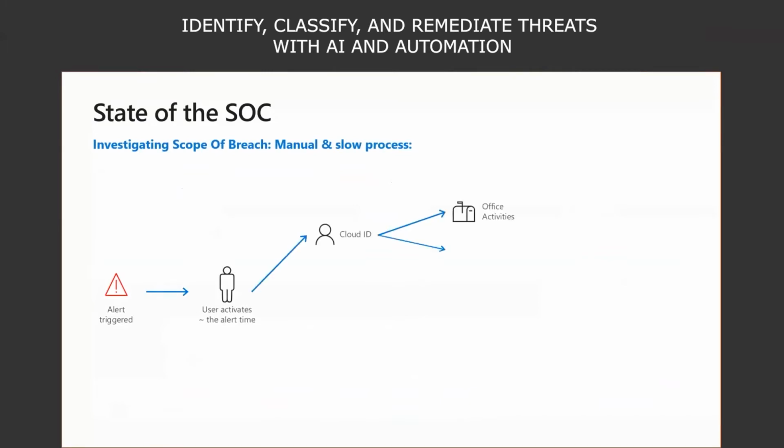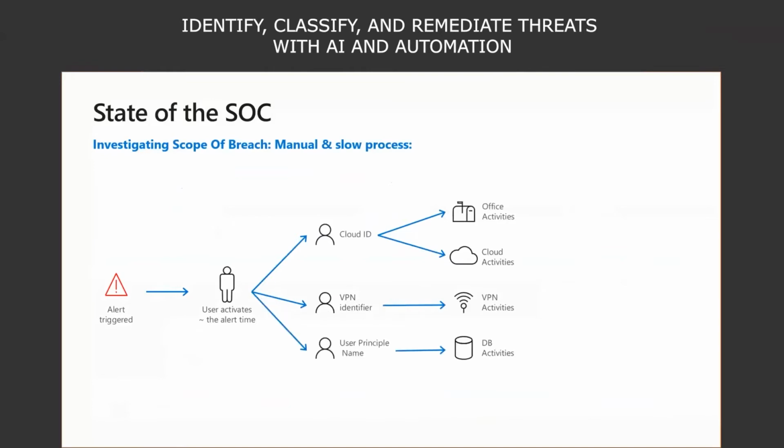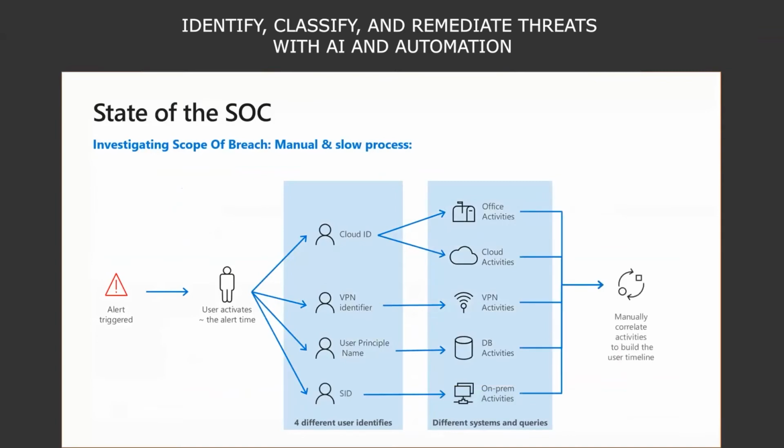So in general, investigating the scope of a potential breach can be very complex and slow, and it requires, in most cases, a manual process. Security operations have telemetry data from a ton of disparate systems and mainly rely on manually correlating related activities from these disparate data sources in order to make sense of what has truly happened in their environment.